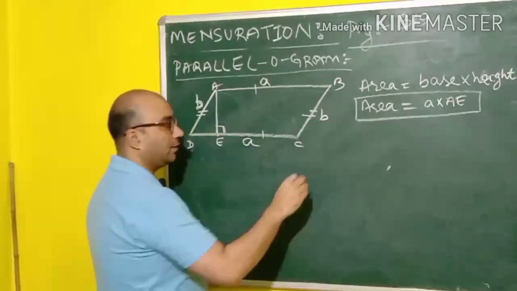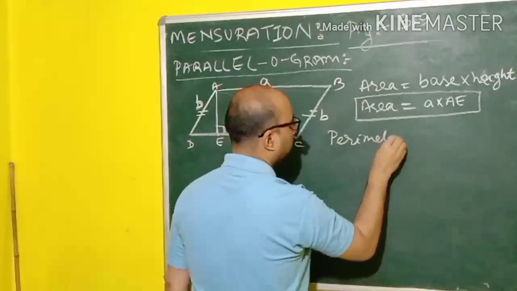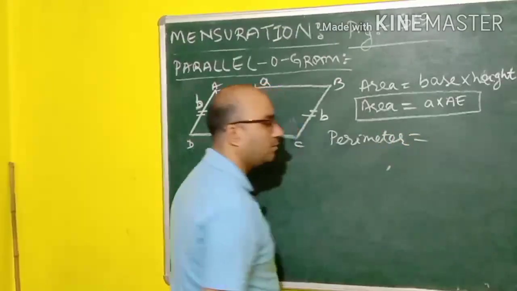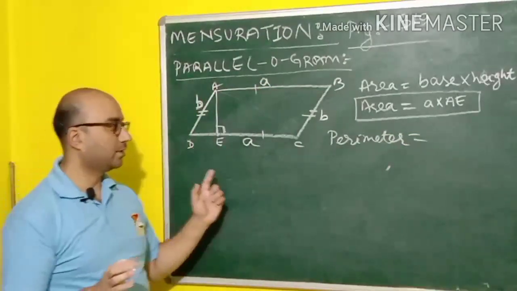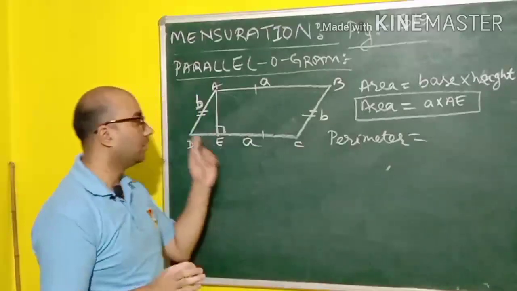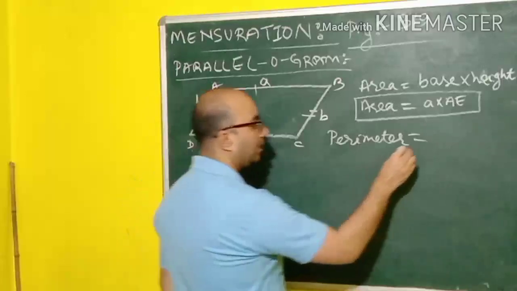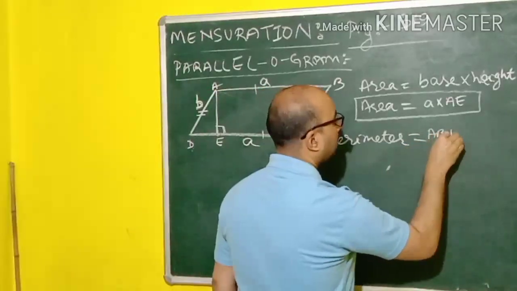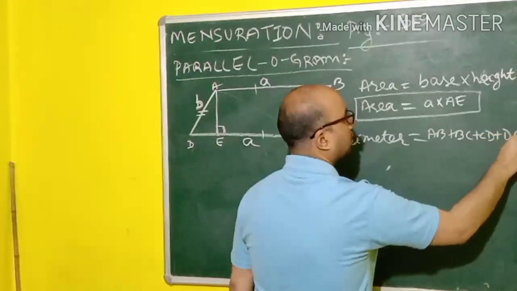Right, now let us go for perimeter. So for perimeter usually the formula is the same, means the concept is the same. That means you add up all the four sides, that will give you the perimeter. So what are the four sides we have here? We have AB plus BC plus CD plus DA.